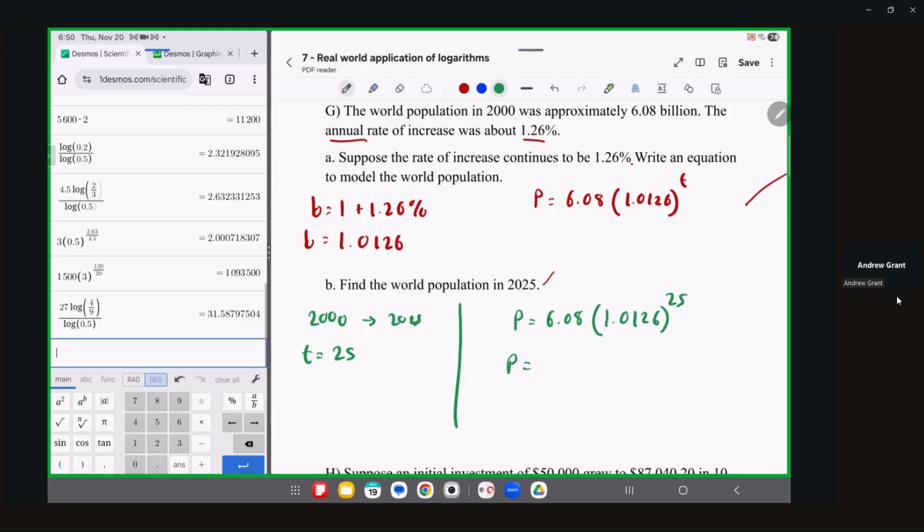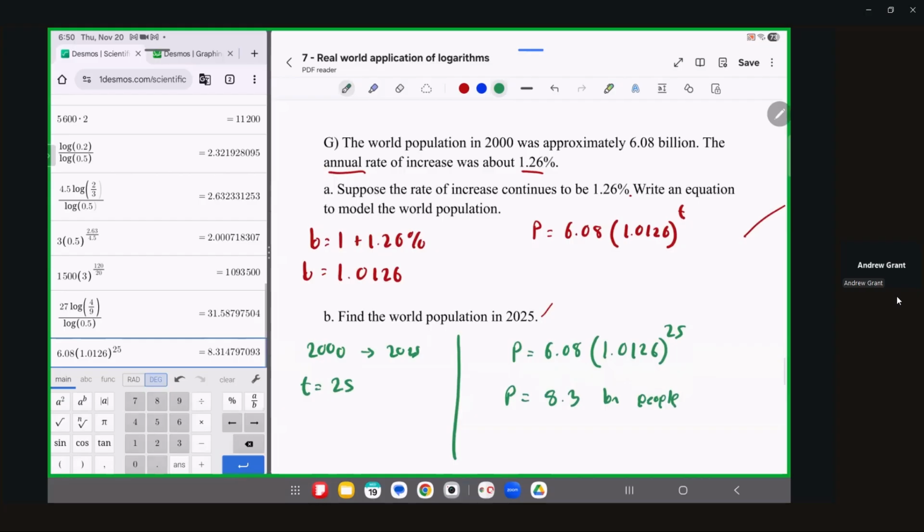And so when we type this in, we get the answer to be about 8.3 billion people. I think the population right now is something just over 8 billion. So this model, when they came out with this, is relatively close, not bad.